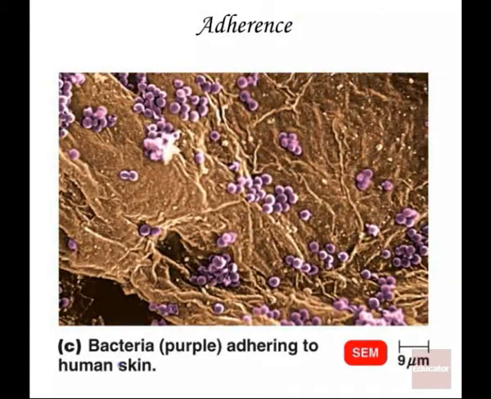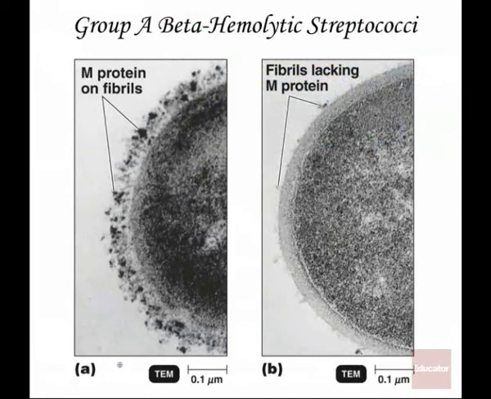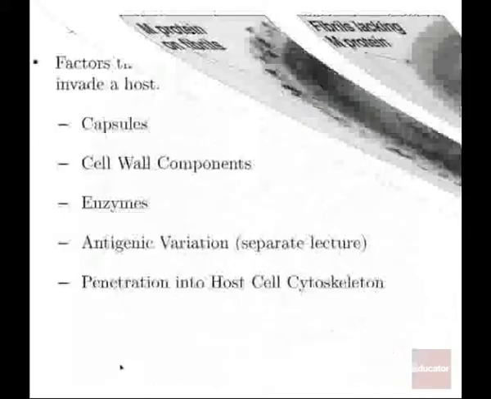So here's another picture of adherence where we have these skin bacteria that are adhering, of course, to the epithelial cells of the human skin. And now these group A, this is an M protein, okay, and beta hemolytic strep, and they're utilized in relationship to adhering to the host tissue as well.